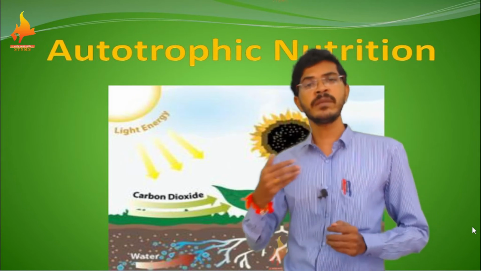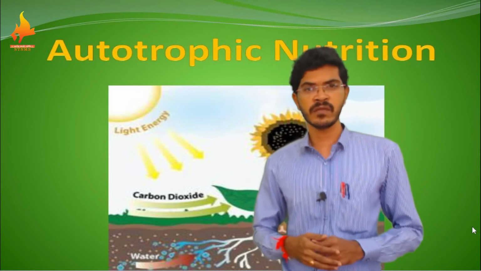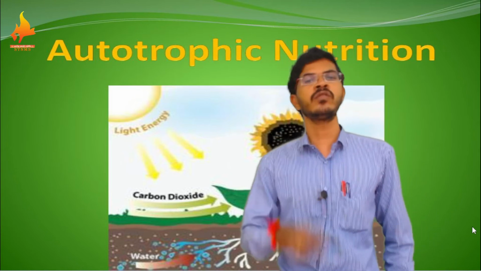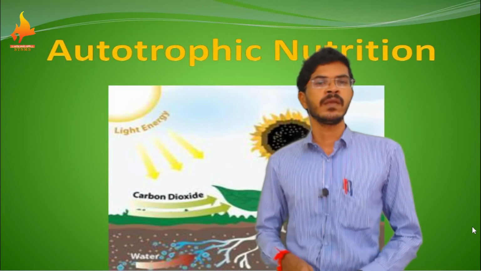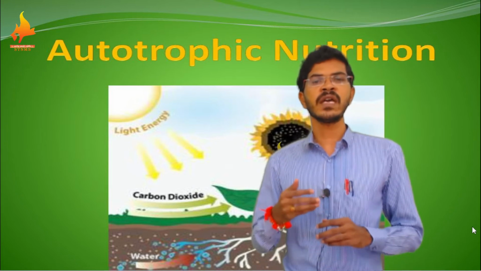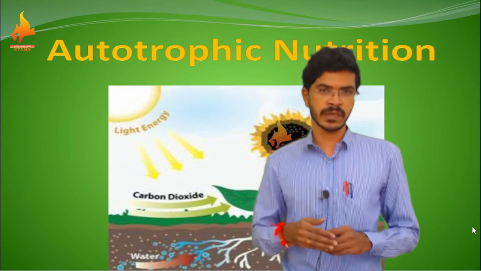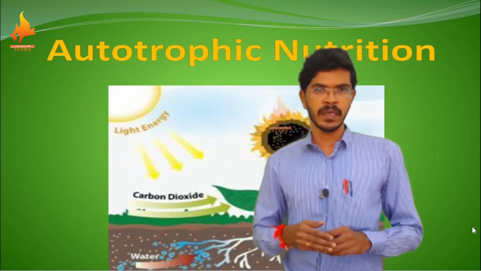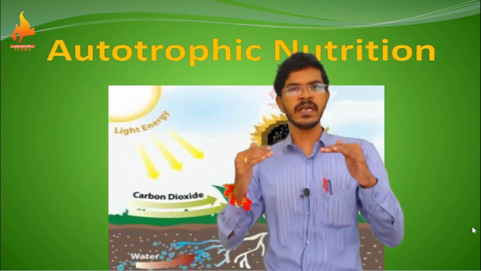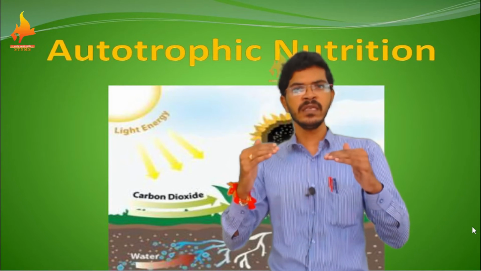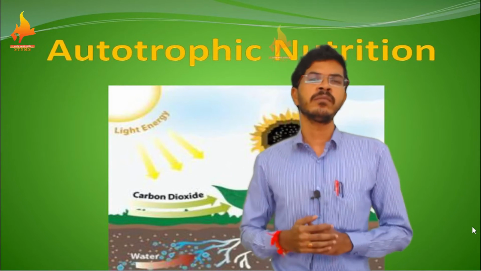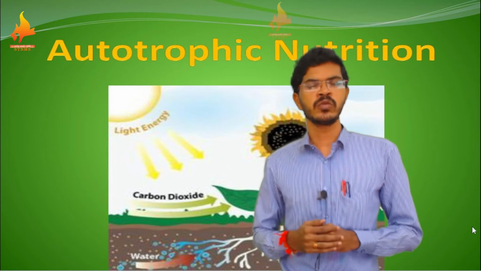They are not dependent on other living organisms for food. They can prepare their own food. That is the reason why they are known as the producers. In the trophic level, they stand exactly at the bottom because of their nature to produce their own food.